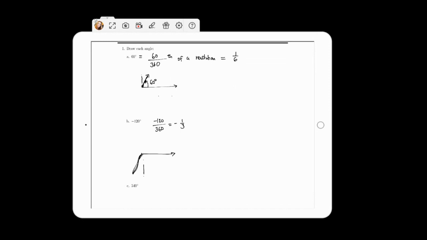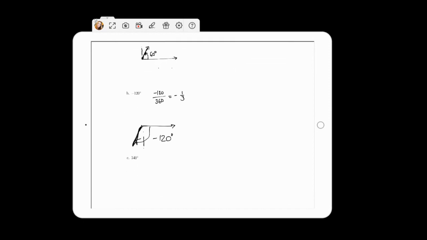We're going to go a little ways past that. So this is negative 120 degrees. The way I'm thinking of it is that negative 120 is negative 90 minus 30. So I went all the way to 90 and then just a third more of 90 past that. That's what negative 120 degrees looks like.